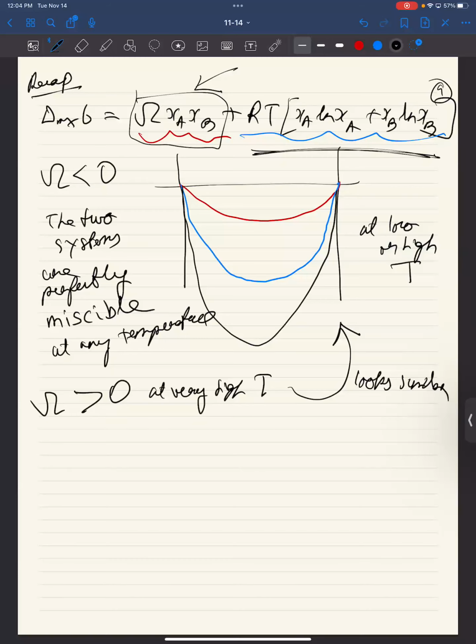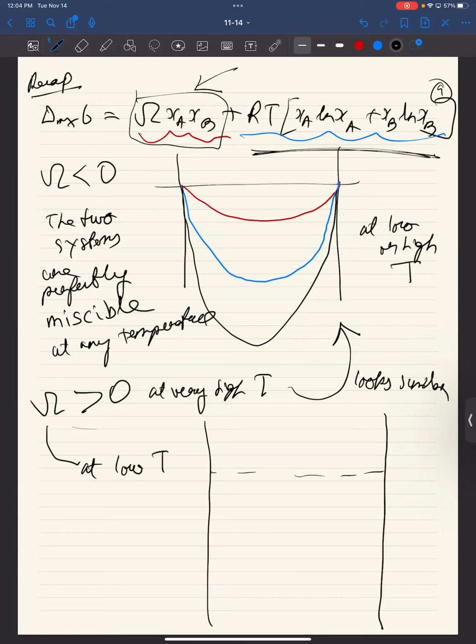But the problem happens with omega positive at low temperature, and that's when we get interesting behavior. I drew that curve last time. I will just draw the delta mixing G. It tends to look like this. You get a little hump in the middle. You have a competition between energy and entropy.